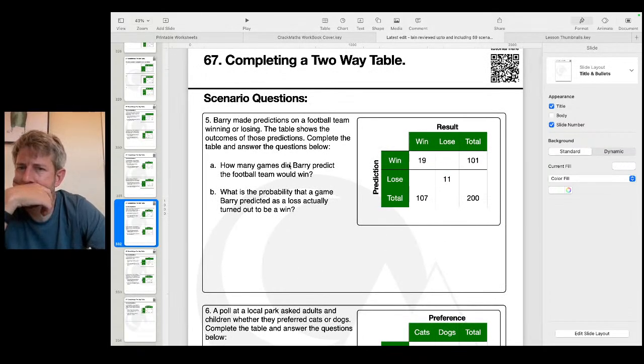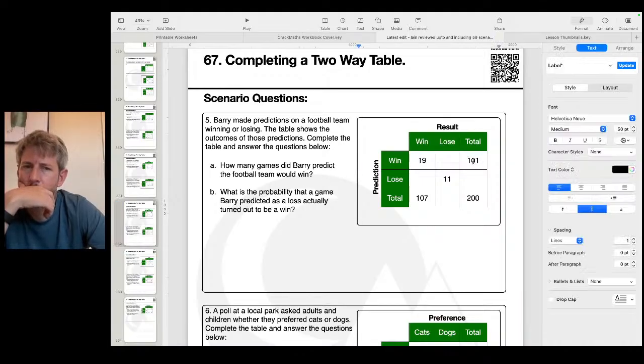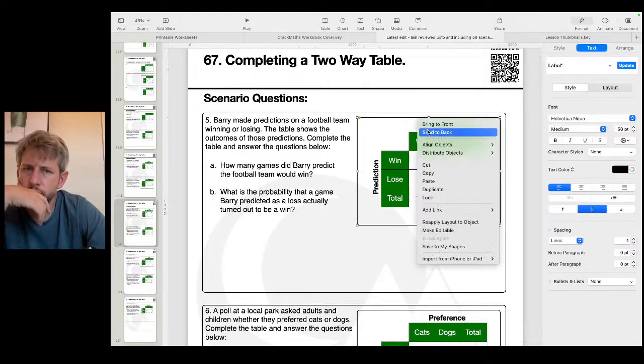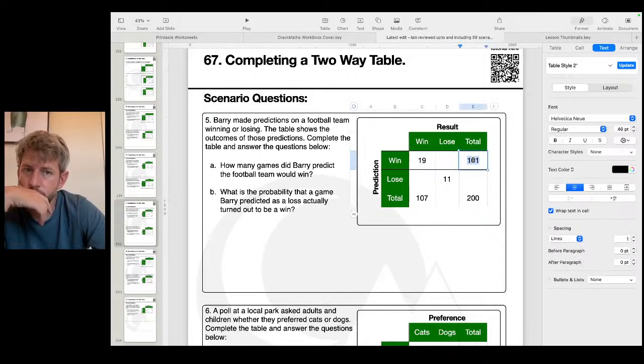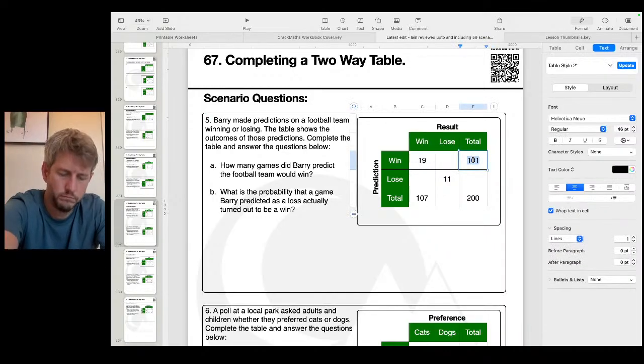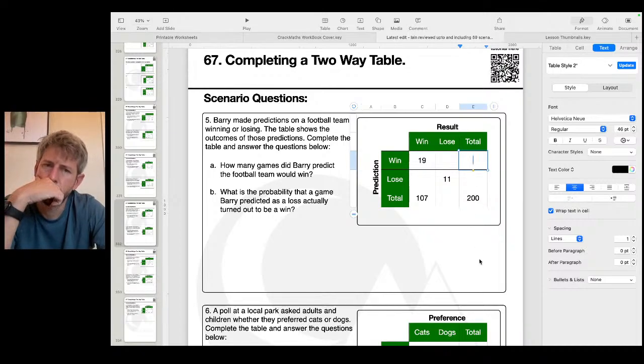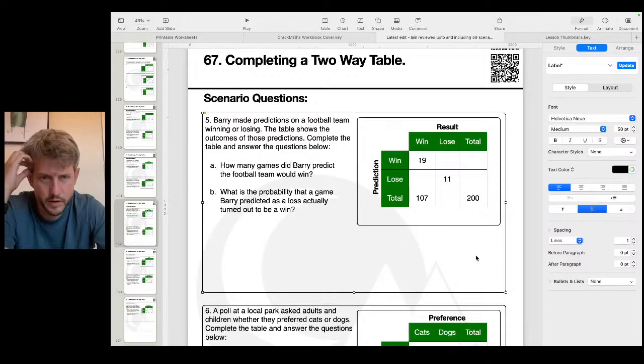How many games did Barry predict the football team would win? Okay, so I need to get rid of this. Now, can I still do this?